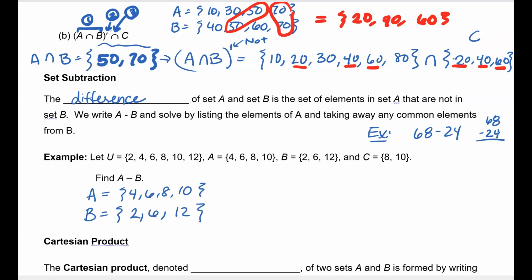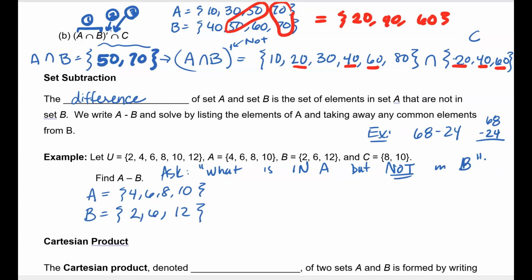Well, we're going to do the same thing here. So the definition of subtraction, A minus B, you're going to ask yourself, what is in A but not in B?